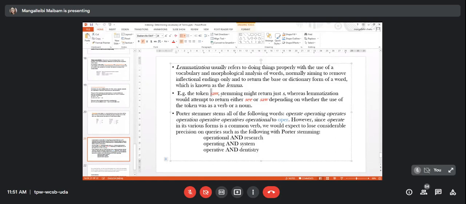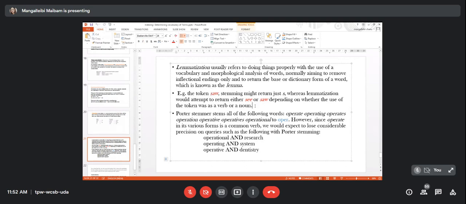You cannot simply say, let me perform stemming or let me perform lemmatization. You should not do it that way. You have to see whether it is a verb or a noun, and if I do stemming, will it return a meaningful term, or if I perform lemmatization, will it return a meaningful term? You have to consider all these factors.